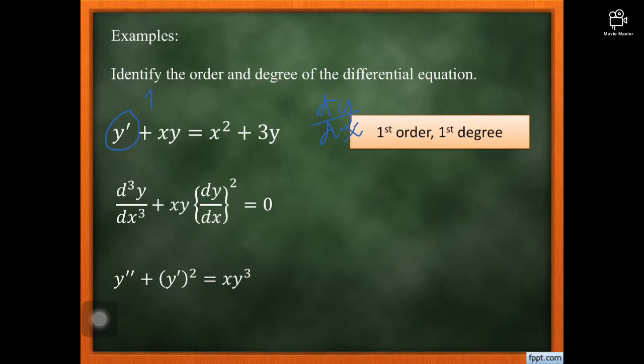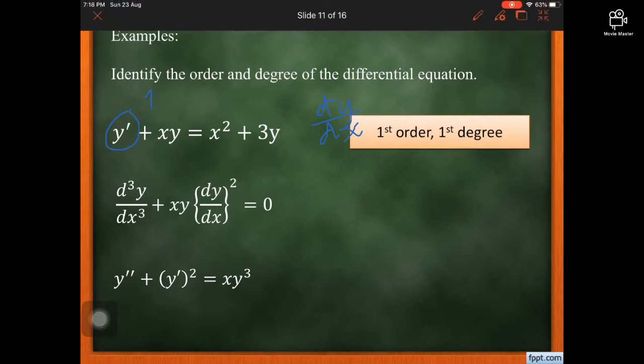While in the second example, the highest derivative is the third derivative. Since you can see the number 3 at the derivative, that is third order.